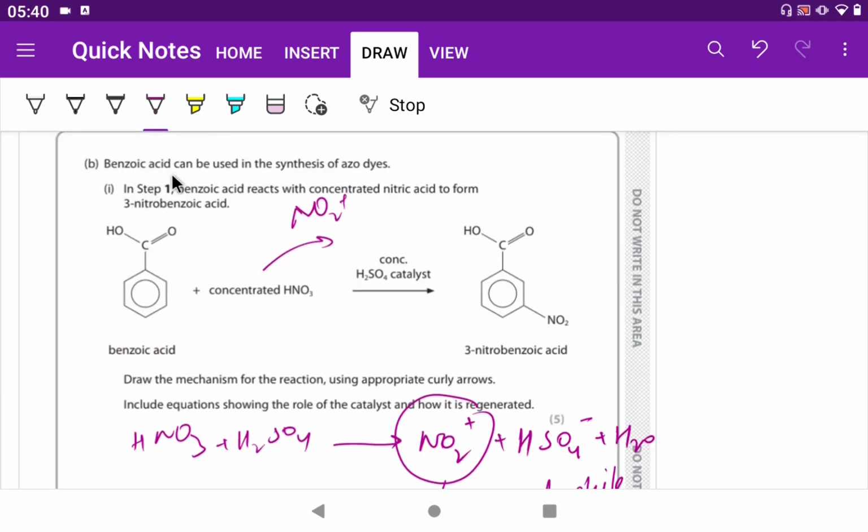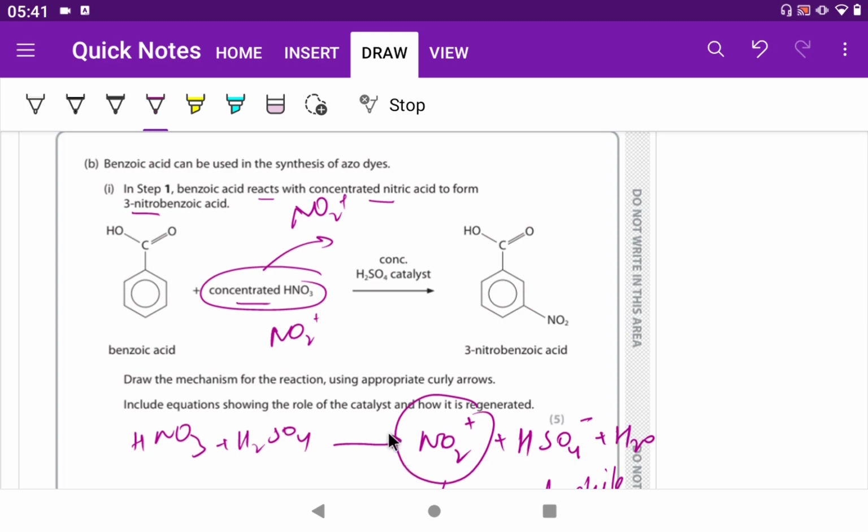Part B, benzoic acid can be used in the synthesis of azo-dyes. In step 1, benzoic acid reacts with concentrated nitric acid to form 3-nitrobenzoic acid. So as we know, concentrated HNO3 and concentrated H2SO4, when combined, form NO2 plus.